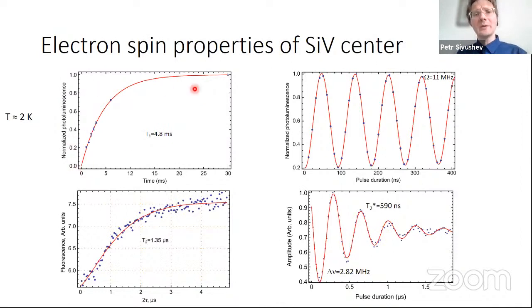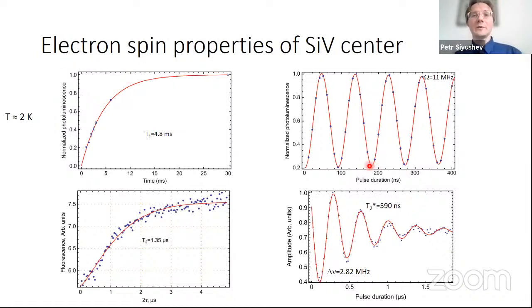So these parameters still can be tweaked. However, if we take a look at the coherence time, it's in the order of just 1 microsecond, which is quite low. And the pure dephasing time measured by Ramsey fringes is even lower, so around a few hundred nanoseconds.